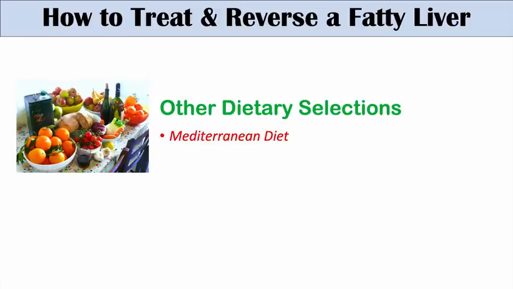But one diet from that lesson that has been shown to have very, very good results in treating, reversing, and reducing inflammation in non-alcoholic fatty liver disease is the Mediterranean diet. With the Mediterranean diet, there's consumption of fruits, vegetables, nuts, whole grains, legumes, fish, a little bit of dairy, rarely red meat. And usually that's the substance of a Mediterranean diet.